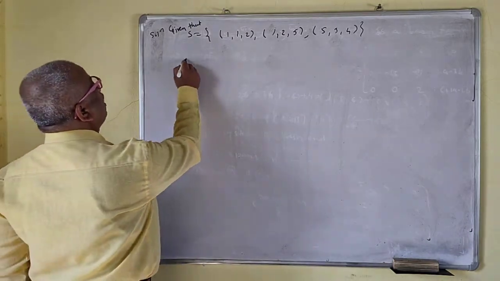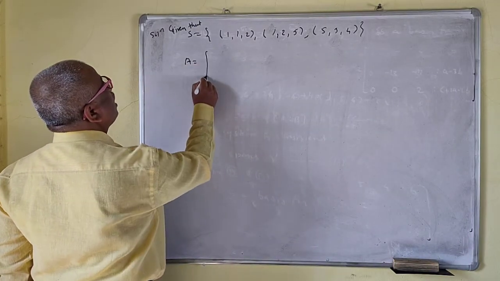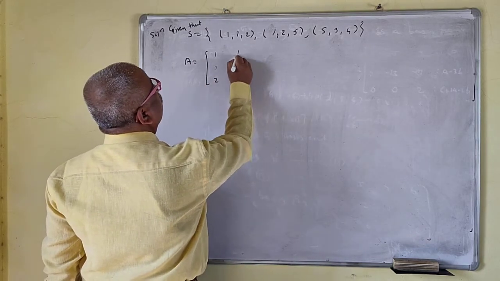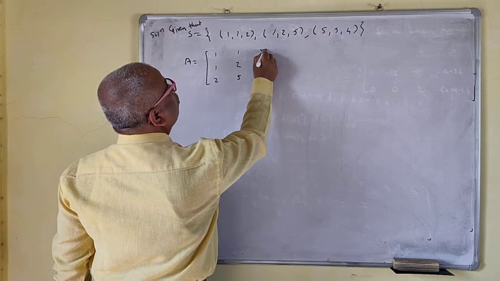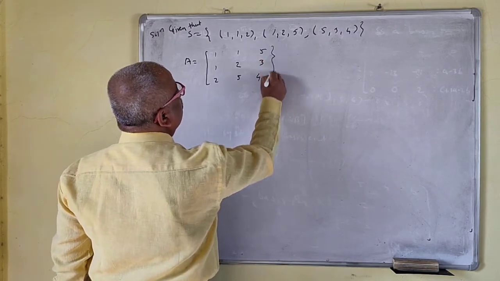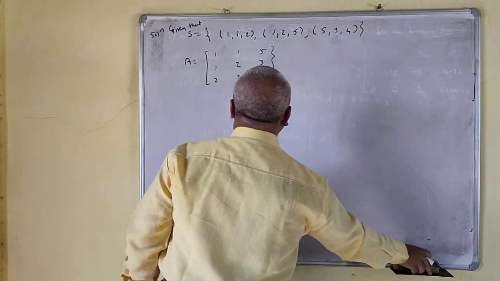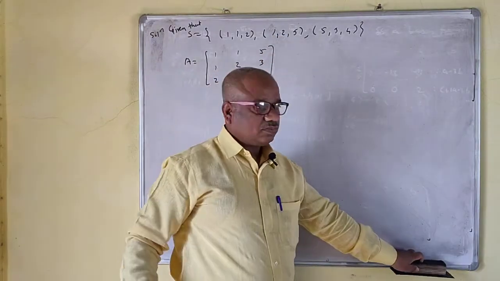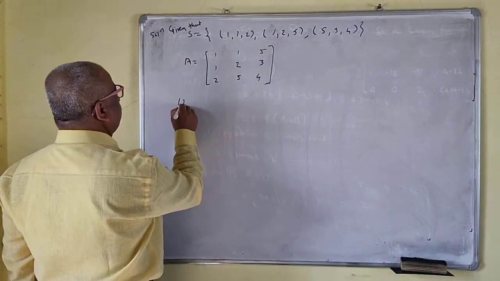Okay, so A is equal to, because these are vectors in R3 and there are 3 vectors, so this is 1, 2, 5, 5, 3, 4. But we don't write the curly bracket actually, because we are writing the matrix now here. Okay, we'll find the determinant of A now.